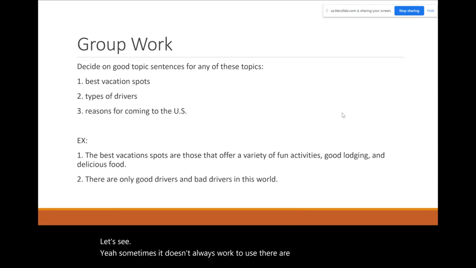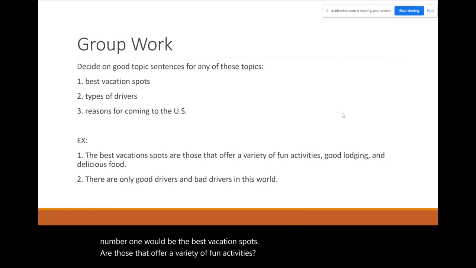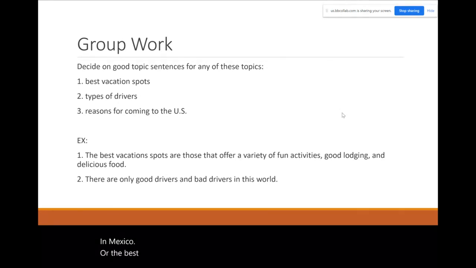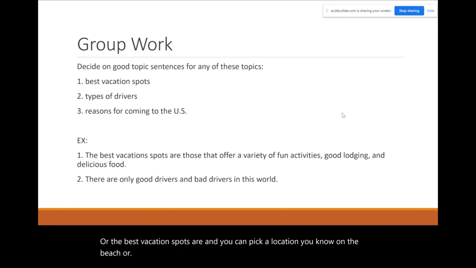My example for number one would be the best vacation spots are those that offer a variety of fun activities, good lodging. Lodging is like a place to stay, and delicious food. Okay. Alan, maybe you could say the best vacation spots are in Mexico, or the best vacation spots are, and you can pick a location, on the beach or in the mountains.